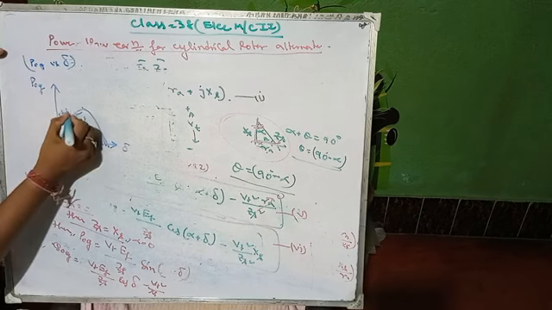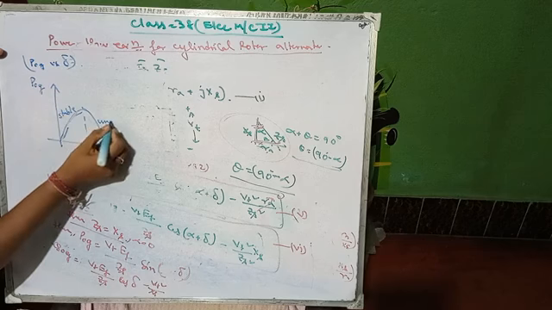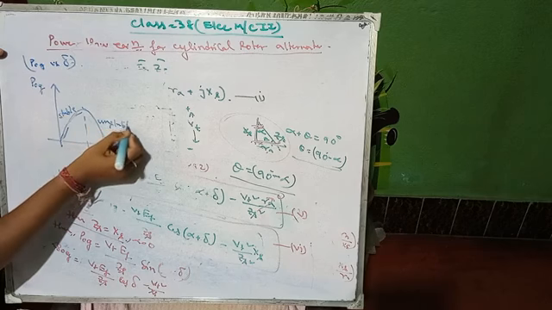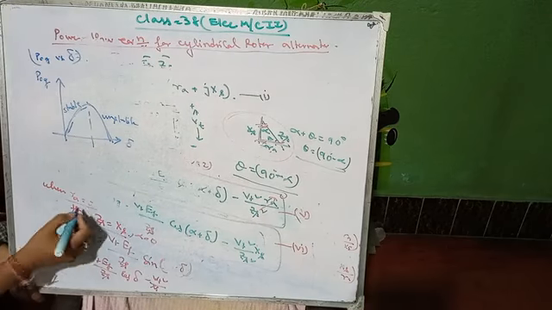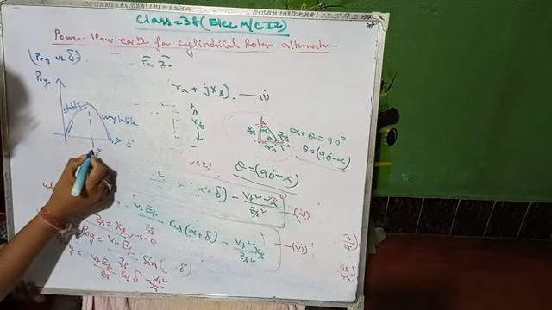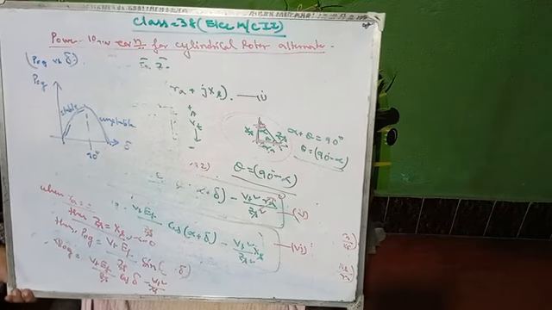This is stable, this is unstable, okay? Del will be maximum at 90 degrees.